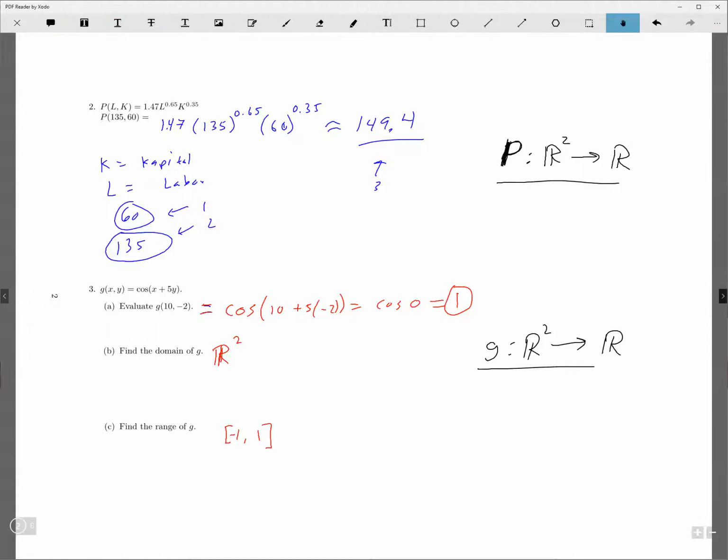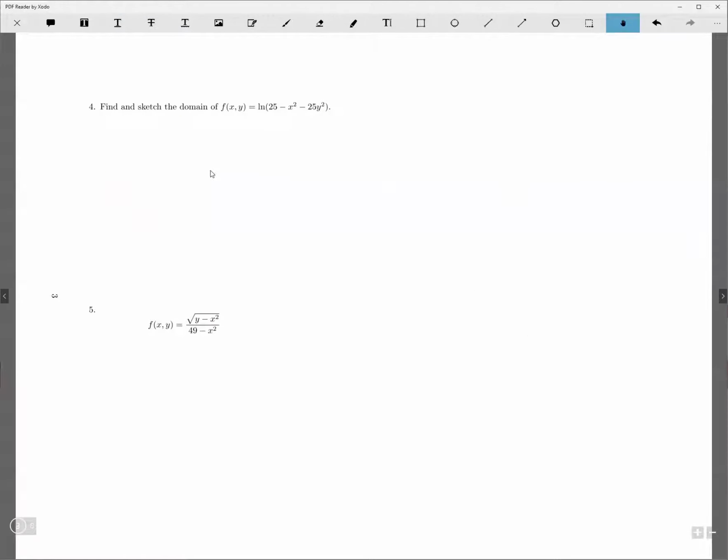Okay, so moving along, number 4. We're supposed to find and sketch the domain of this function. Okay, so here again, there's 2 input variables. So you're looking at this. Okay, but it's the logarithm. What restrictions are there on putting values in the logarithm?